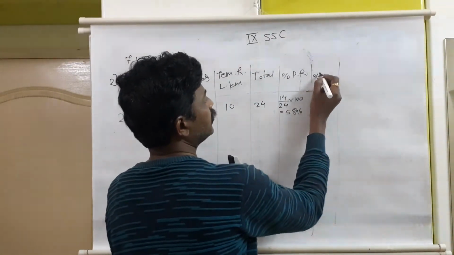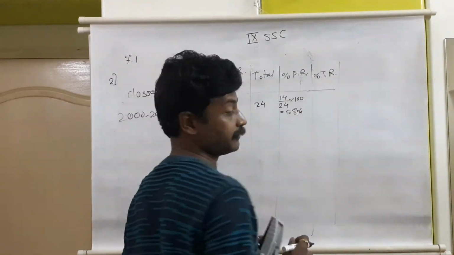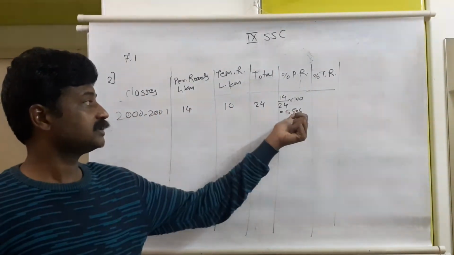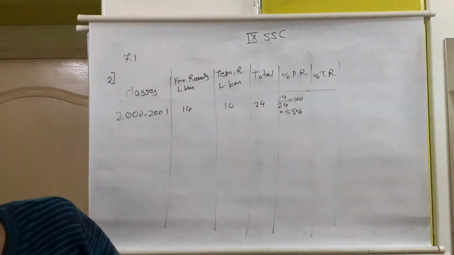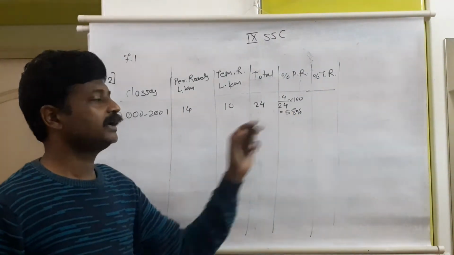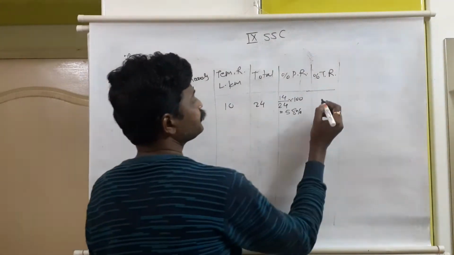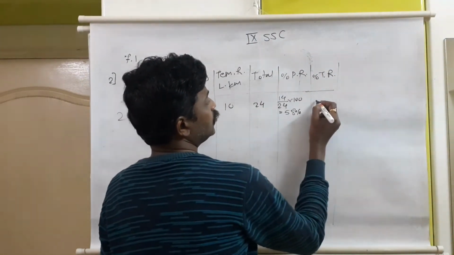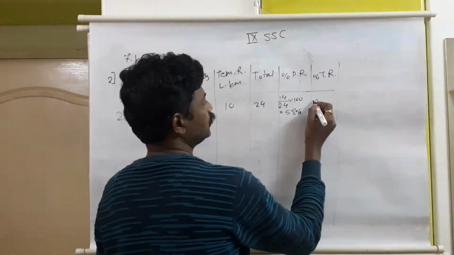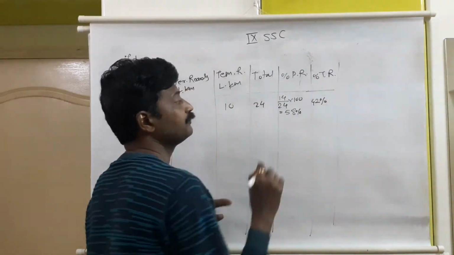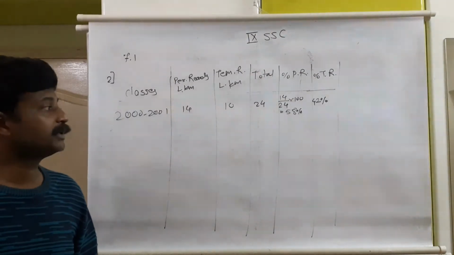Percentage for temporary roads, I will write TR. Very easy. If this is 58%, remaining out of 100 will be temporary. So 100 minus 58, it remains 42%.